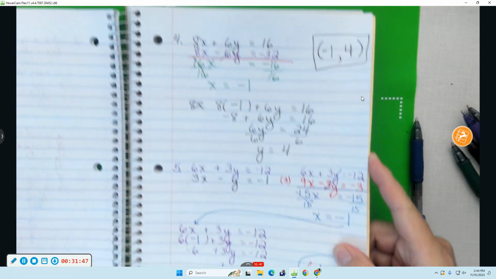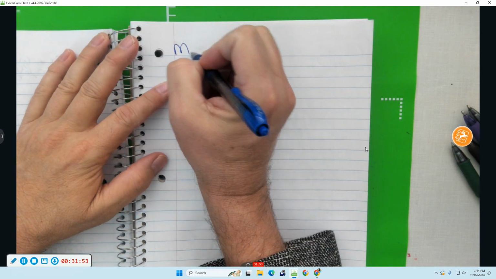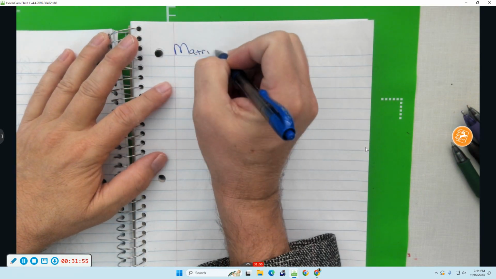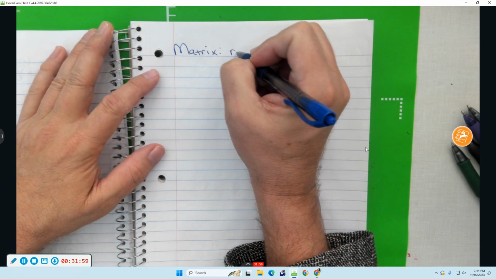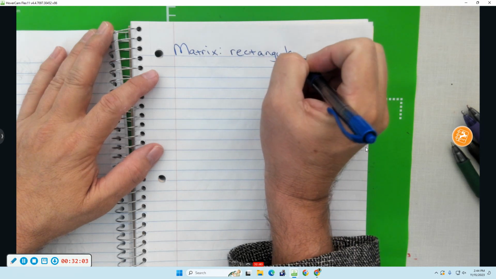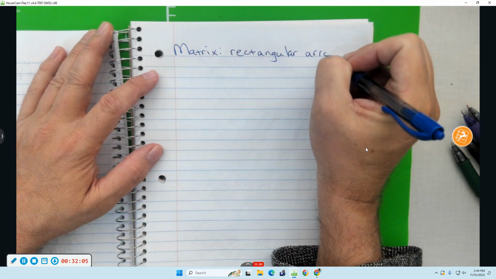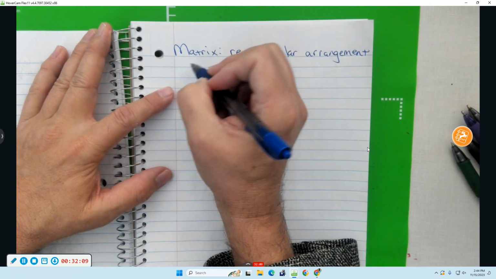Okay, so here. First of all, what do I mean by a matrix? A matrix in algebra is just a rectangular arrangement of numbers.